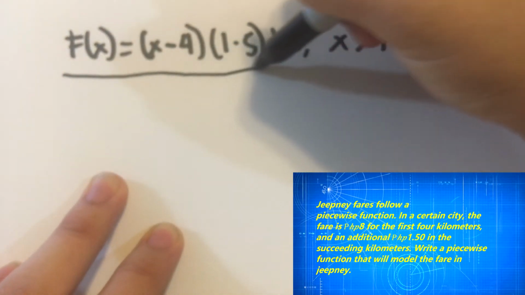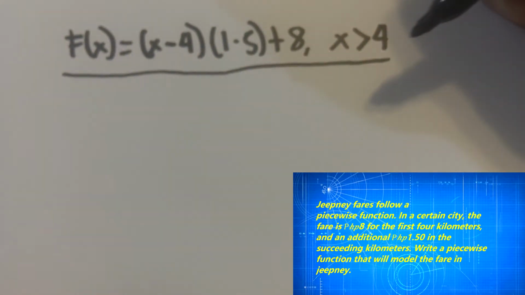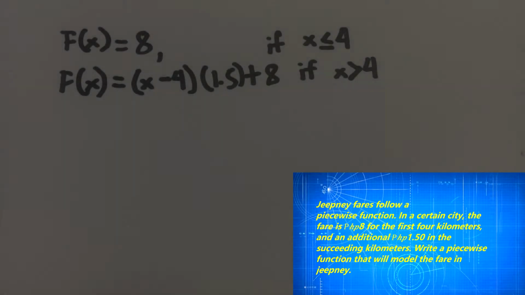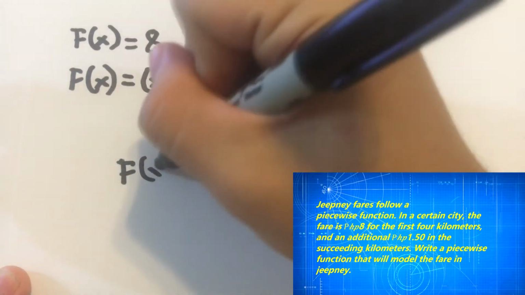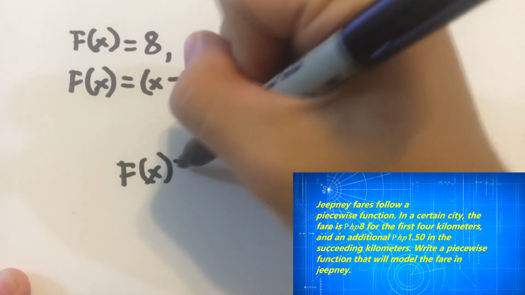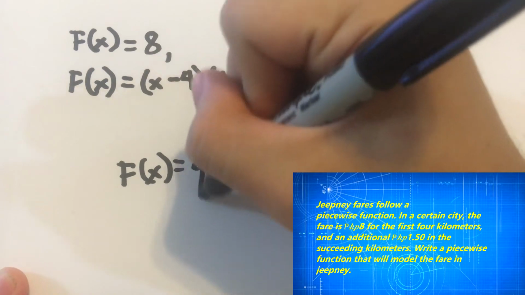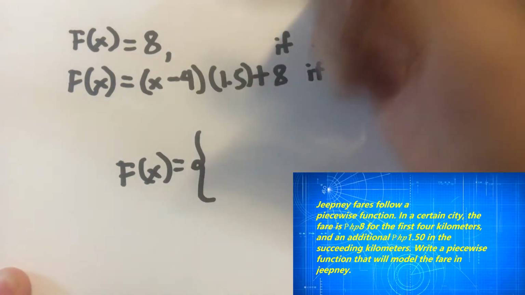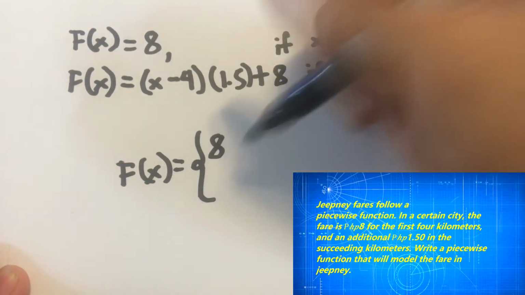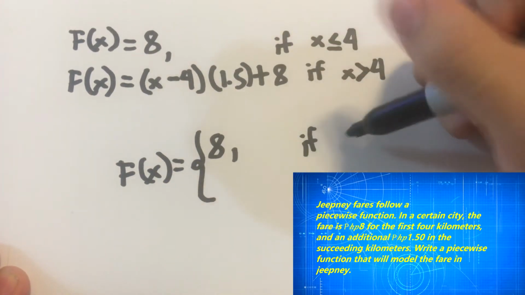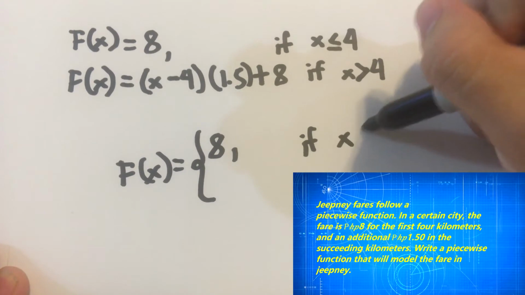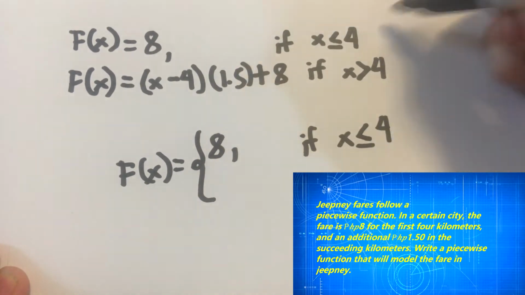The last thing we're going to do is combine the two cases that we got. So to combine both cases, let f of x equal, combining the two cases, the price is 8 pesos if and only if the distance, or x, is less than or equal to 4 here.